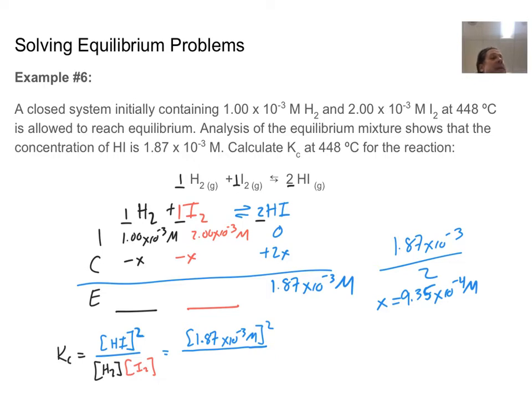So every time that I see an X, I'm going to plug in 9.35 times 10 to the minus 4. So in the case of the HI, 2 times 9.35 times 10 to the minus 4 gives me the concentration that I started with. So I'm going to substitute the 9.35 times 10 to the minus 4 in here, and here.